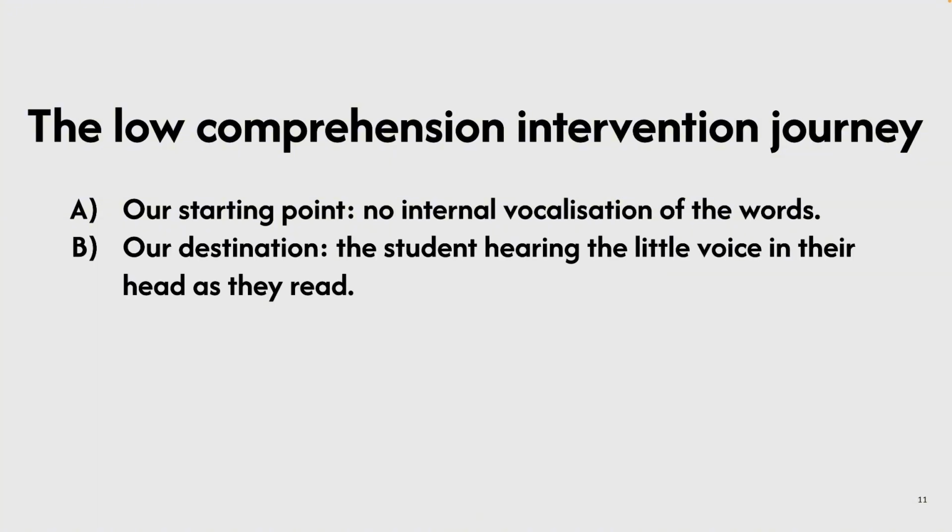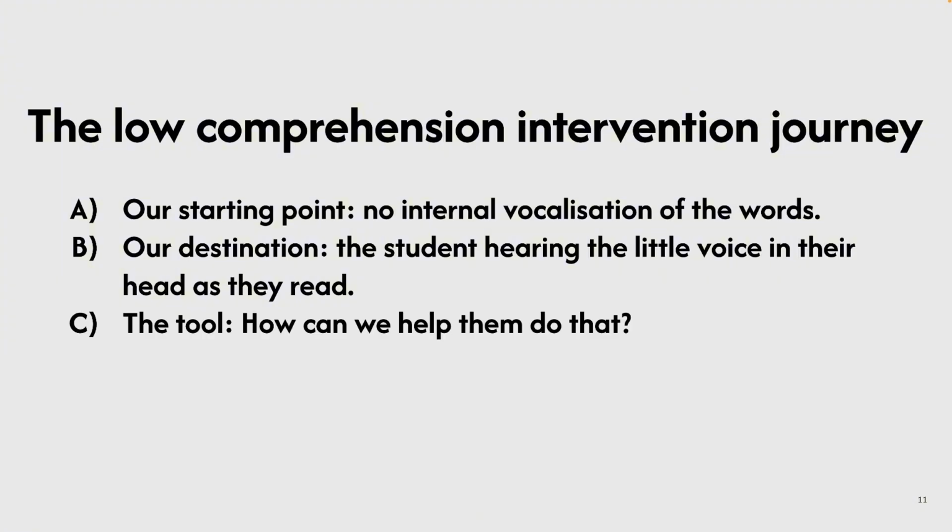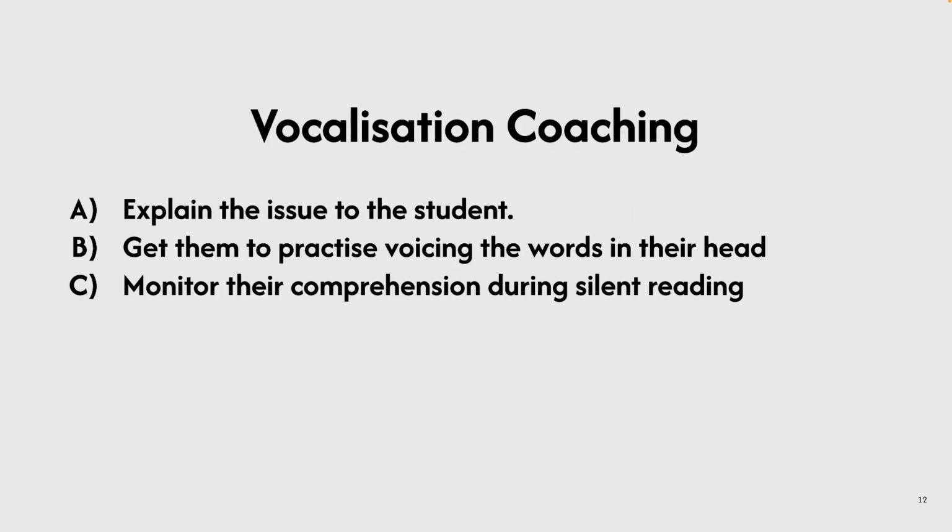We need the student to hear the little voice in their head as they read, so we need them to actually work on creating that little voice. The question is, how can we help them do that? And you can see now that once we know where we're starting from, what the problem is, we know what we've got to achieve for the intervention. The solution really becomes sort of obvious, doesn't it?